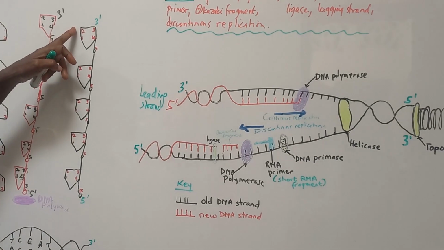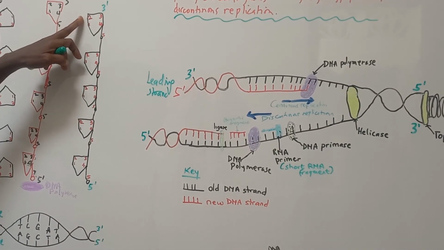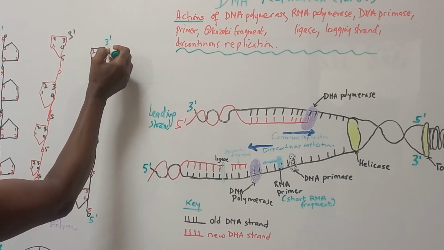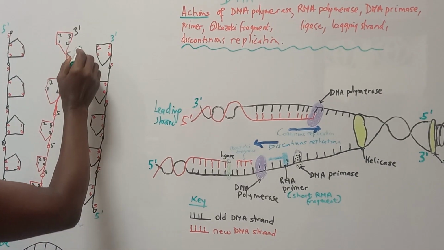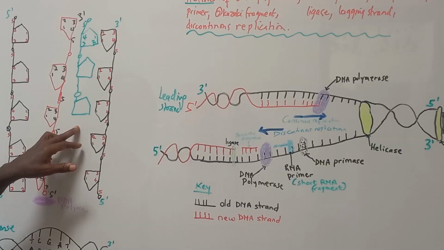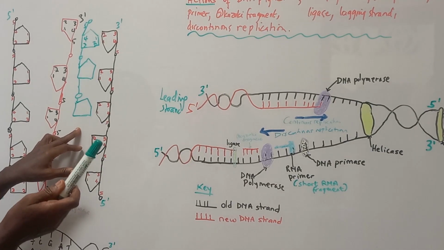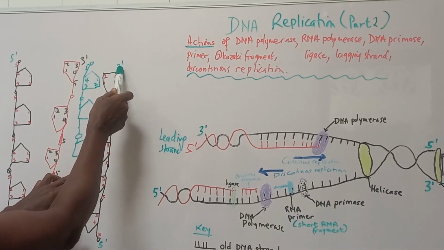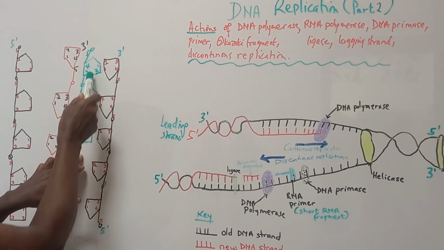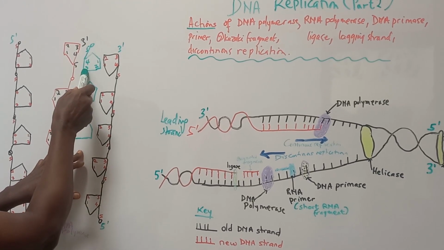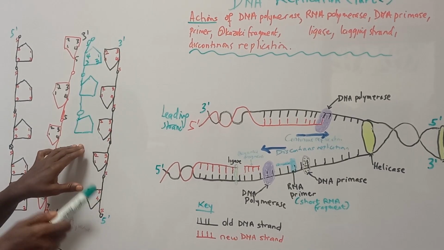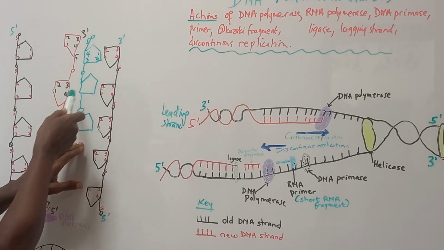So we will use this diagram to explain. RNA polymerase can start moving from the back here. So it's going to form a short strand that has 5 to 3 ends. So the RNA polymerase at the back here forms a short RNA segment, 5 to 3 end, because it also moves in the 5 to 3 direction.